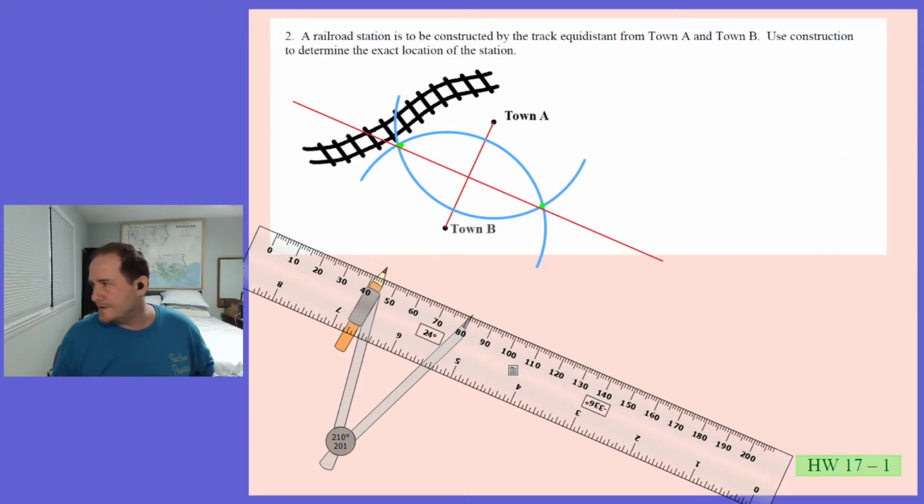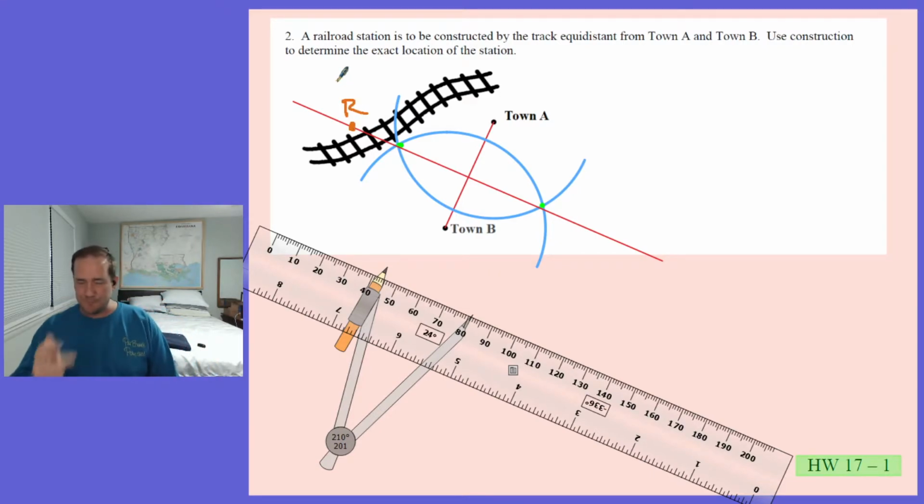So the point that represents our railroad station has got to be the point that's right next to the railroad. I guess it could be here-ish, but I'm going to put it on the far side of the railway. Put it here. I guess it didn't tell us to mark it as anything, but I'll mark it as R. That point there is the point we're looking for.